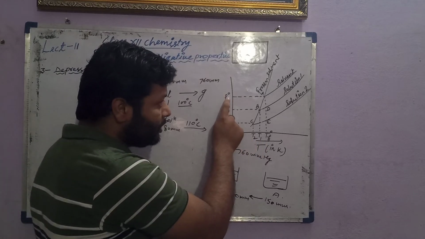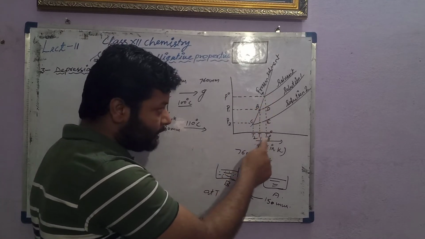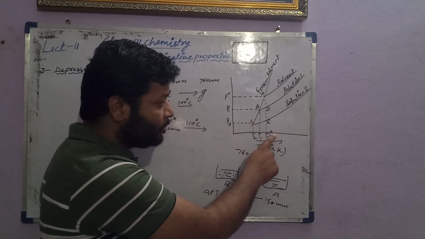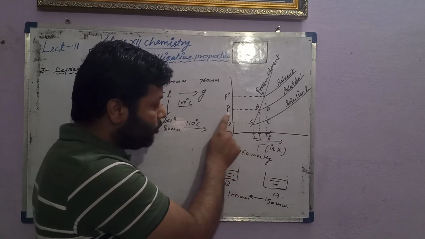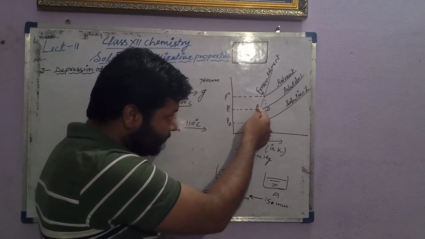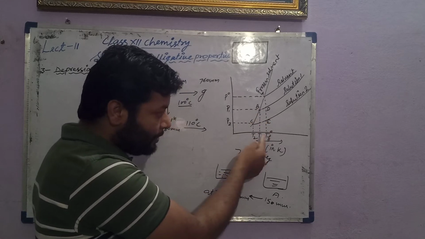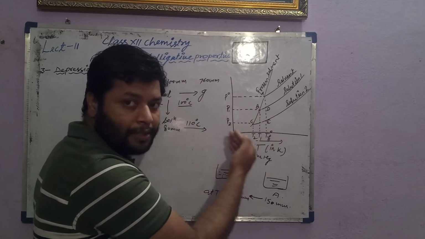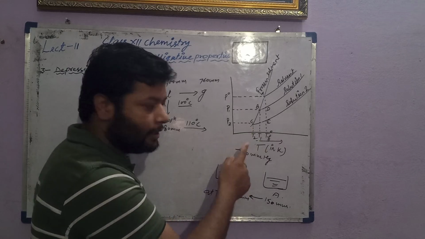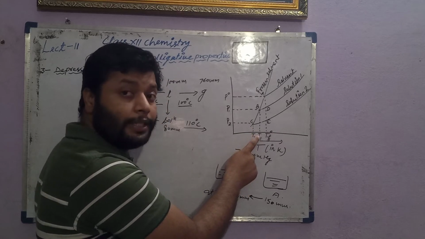How? For P0, the temperature is called the freezing temperature in the pure state, TF0. But when the vapor pressure decreases, you can see in the graph the temperature is lowered. The temperature is going towards the left side. The temperature T1 is lower than T0F.